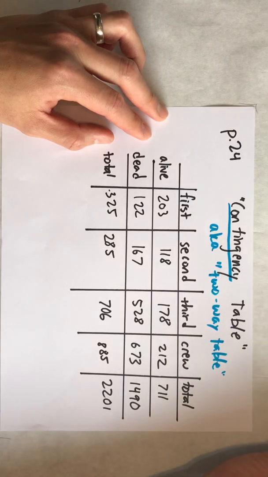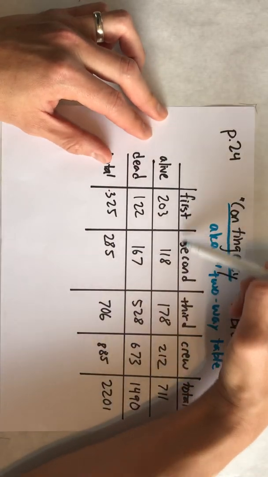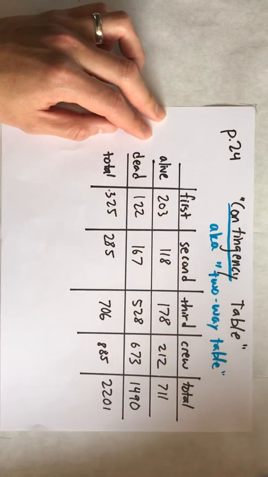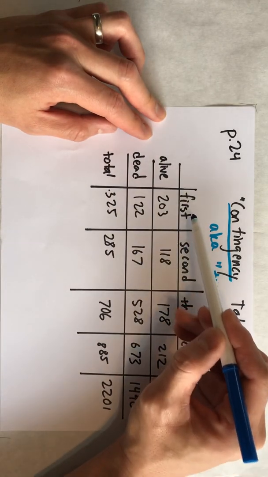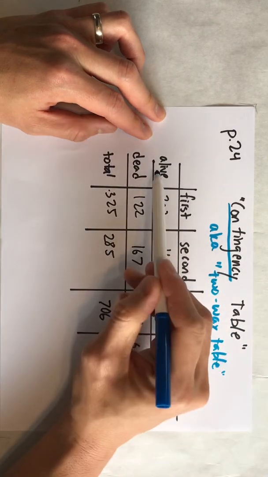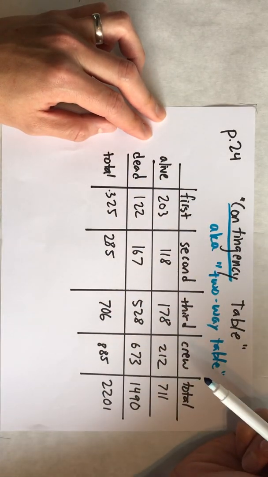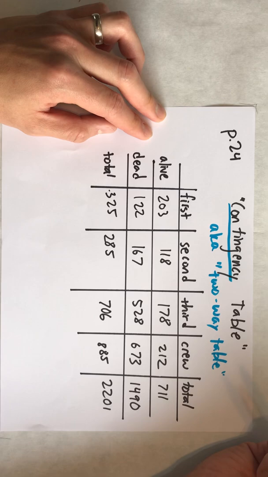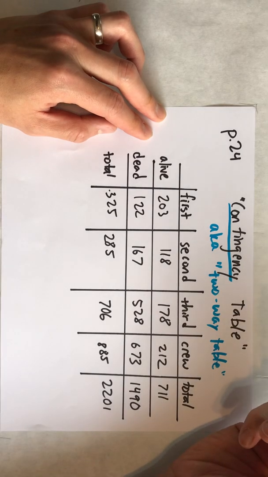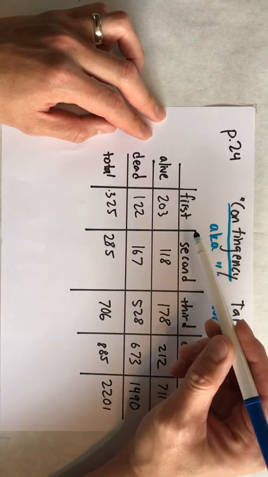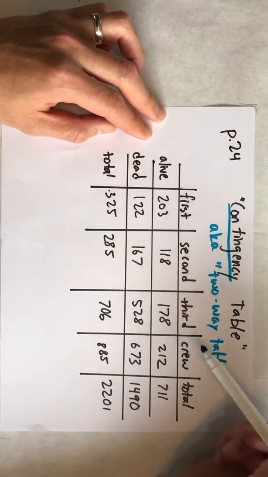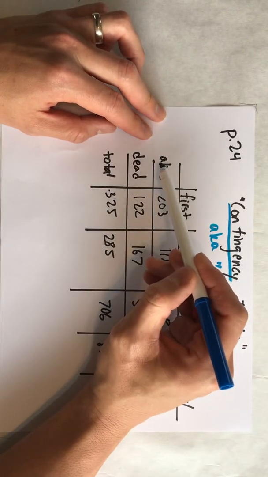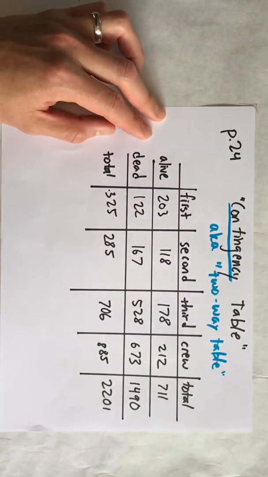Same thing. Two-way table because you have 2 variables, okay? The ones we just described. Now, are these variables, first, second, third, crew, dead and alive, are they categorical or are they quantitative? You should clearly be able to see that they are categorical. A person is either first class, second, third, or crew, and the person either survived and is alive or dead.